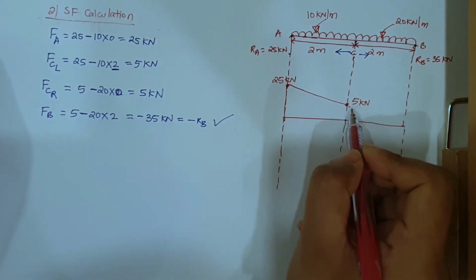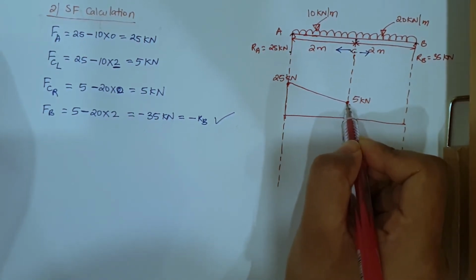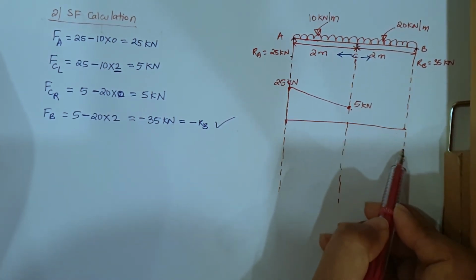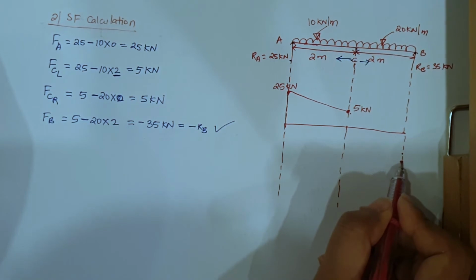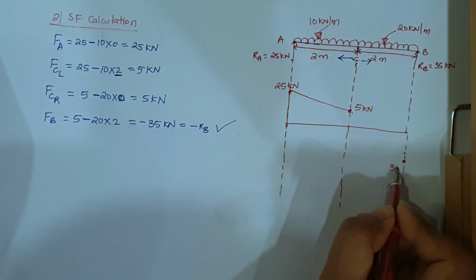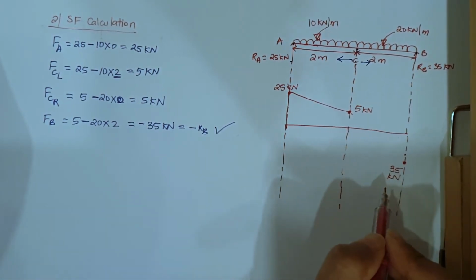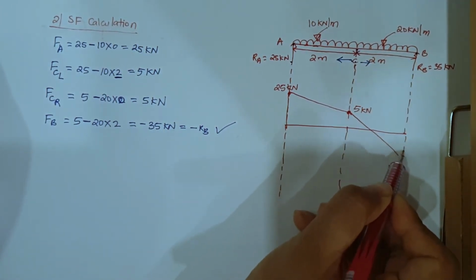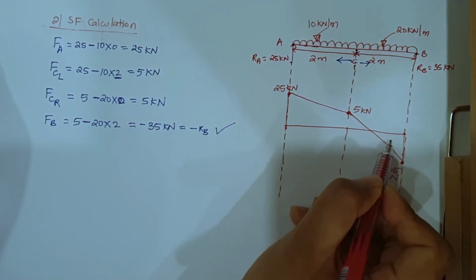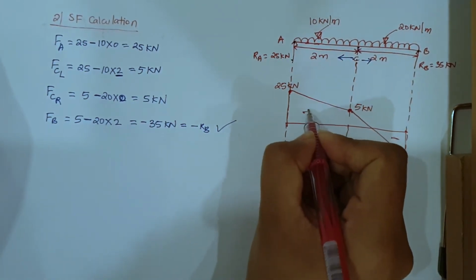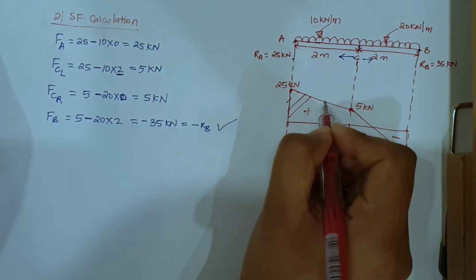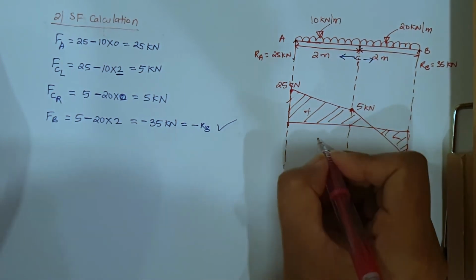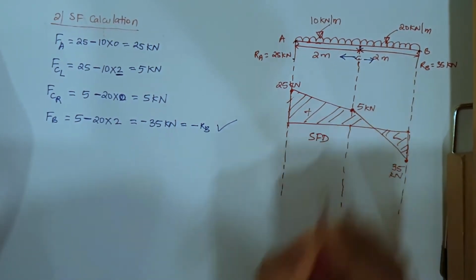So when it is going to the right hand side, it is remaining at the same level here, and when it is going to this B here, it is directly going to minus 35. So let me mark minus 35 around here. This is my 35 kilonewton. Okay, so I join this line, this, and then this. So this here is negative, positive. Let me shade it. Right? So this is my shear force diagram.